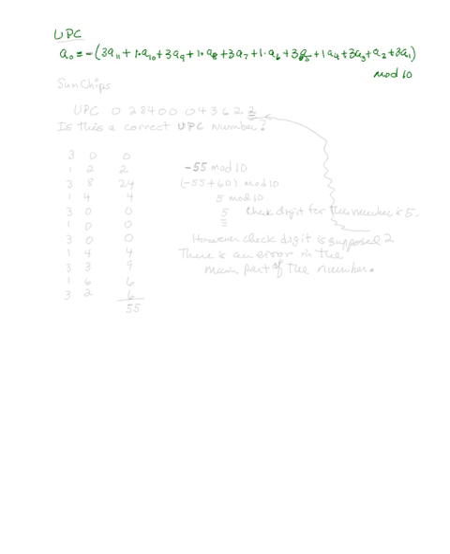And inside the quantity you'll see 3 times the first digit on the left, plus 1 times the second digit, plus 3 times the third digit, plus 1 times the fourth digit, plus 3 times the fifth digit, etc. All the way down until you get to the very next digit before the check digit. The last digit just before the check digit at the end is 3 times A1. So that's the formula that you'll see.